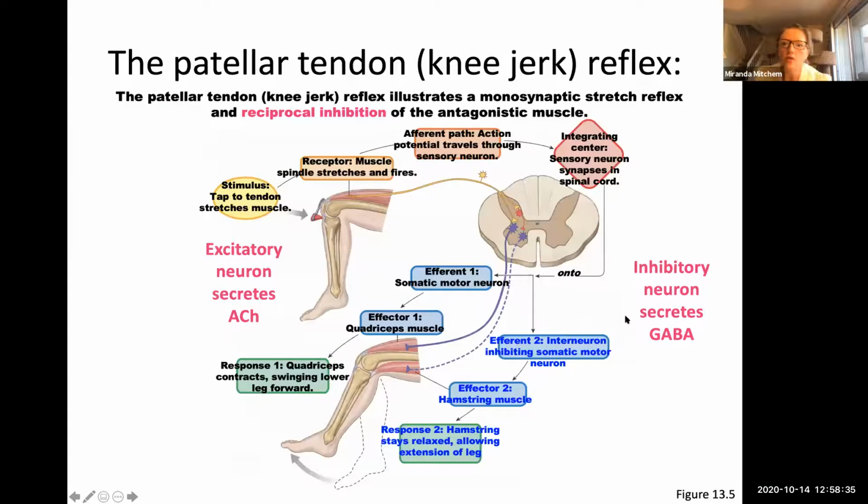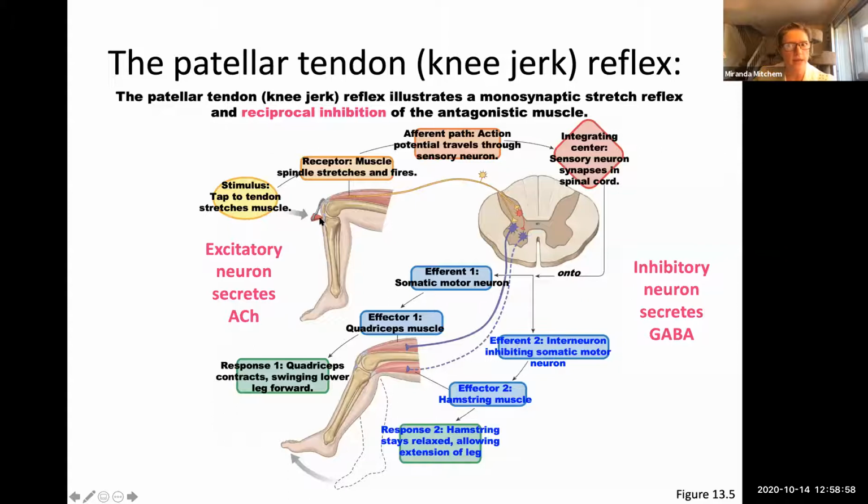Okay, so now let's go back to the knee-jerk reflex. It's getting more complicated because now we're showing you both efferent pathways, the pathway associated with the hamstring as well as the pathway associated with the quadricep. So the stimulus is to tap a specific part of the tendon here.